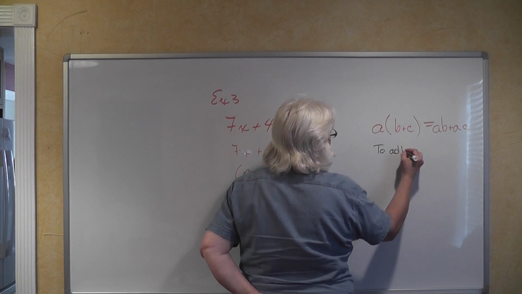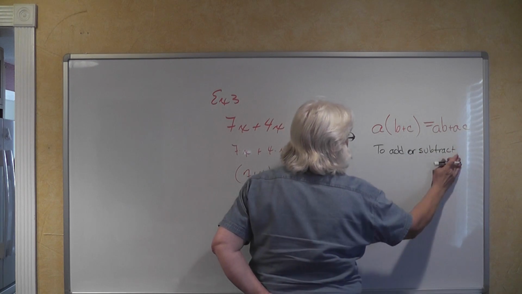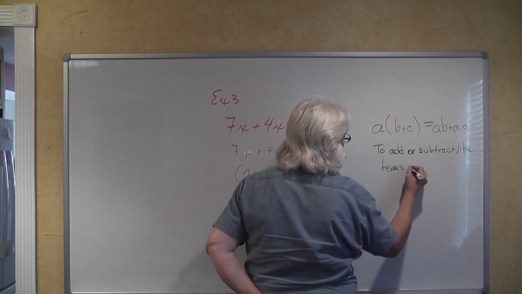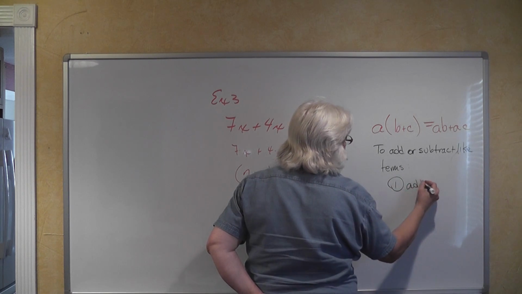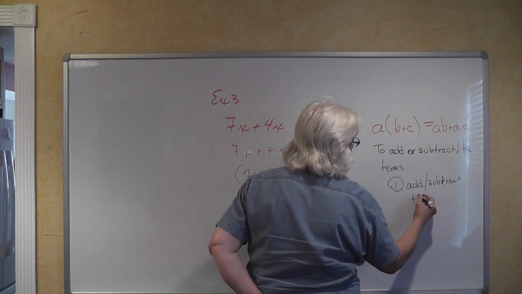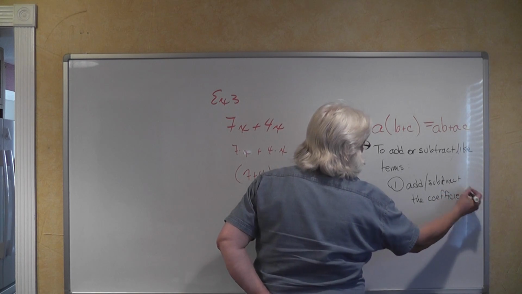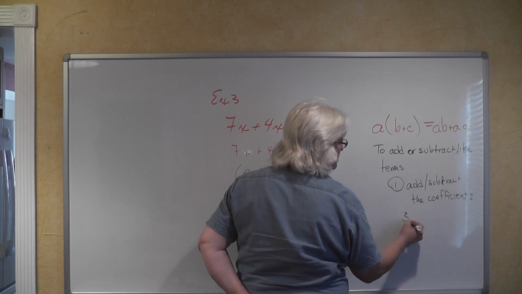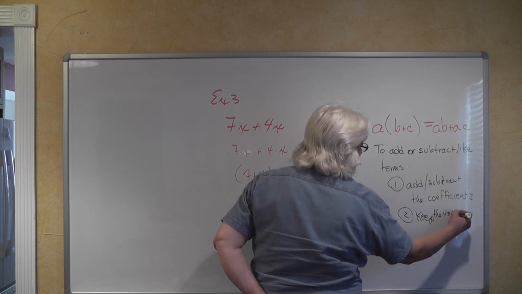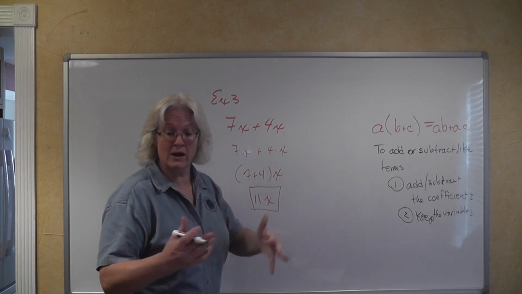Parents, this is all you have to do to add or subtract like terms. We're going to add or subtract the coefficients, and keep the variables. 7x plus 4x, those are like terms.